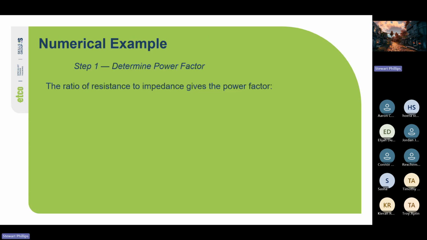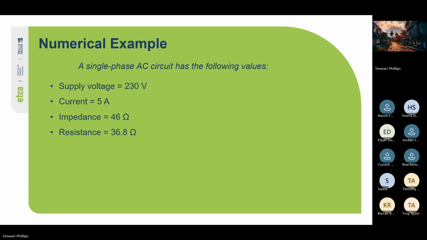So, if you've written down the values, have a go at trying to figure out what our power factor will be. So based on those numbers, what's our power factor going to be?